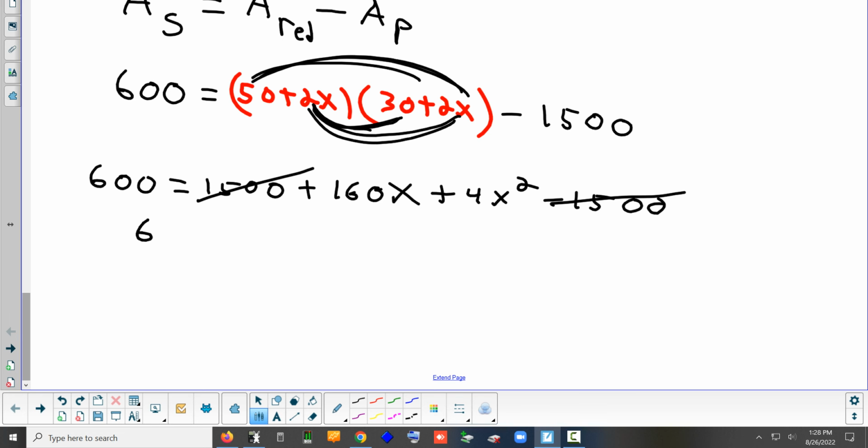So now you're left with this. I'm going to put it in this order because this is normally how you would write one of these things. What kind of equation is that? It has to do with the highest exponent being a 2.